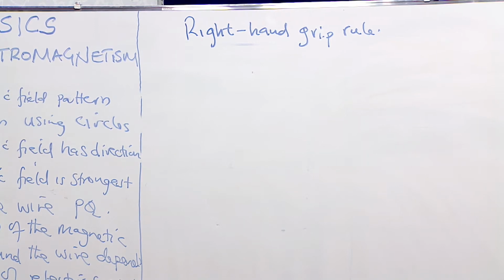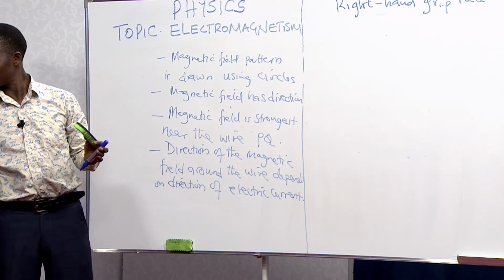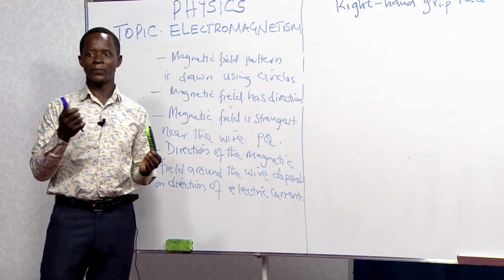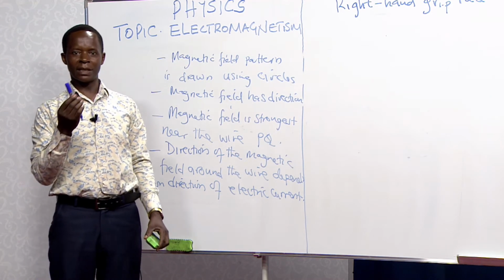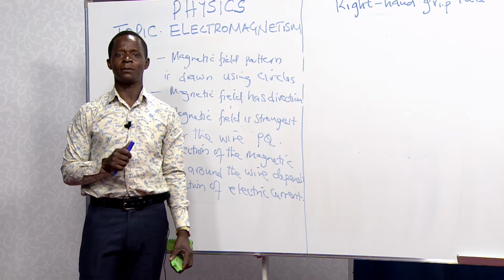Now students, pick whatever you can pick. It can be a ruler, short length. It can be your pen. And we are going to assume that whatever you have picked is a conductor.